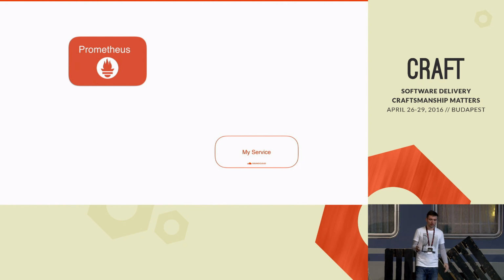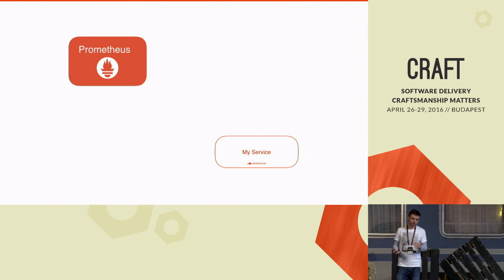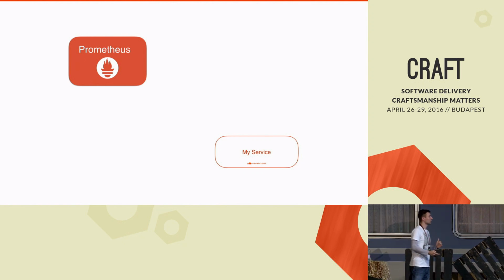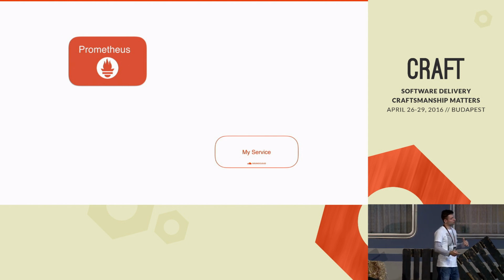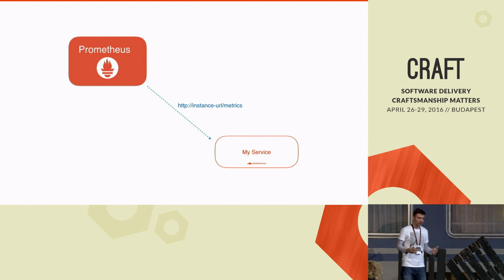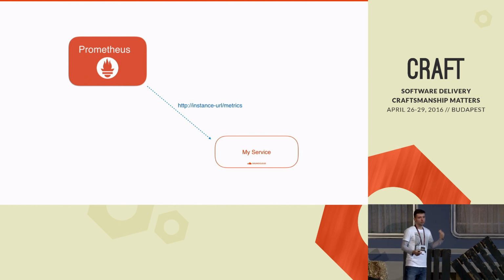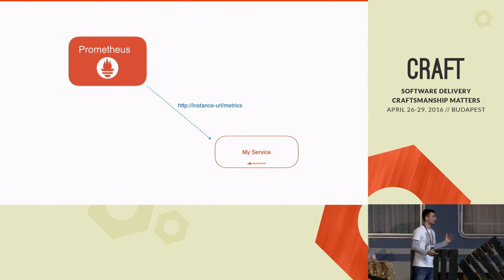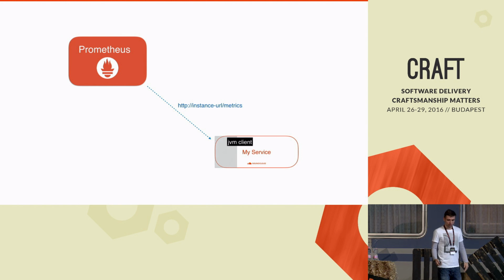So I will briefly explain how Prometheus works. Prometheus expects a service to expose an endpoint that stores the stats data. And as long as this endpoint is up, Prometheus regularly scrapes this endpoint and fetches the latest stats data.